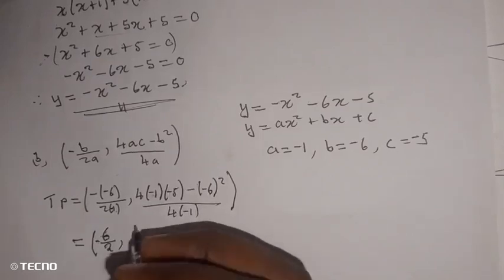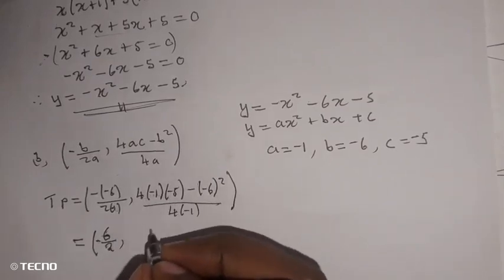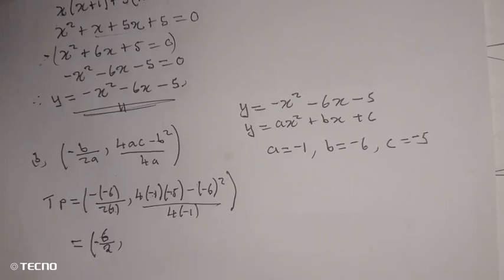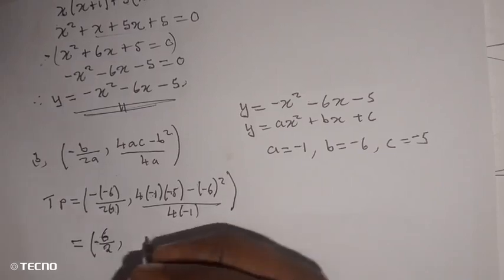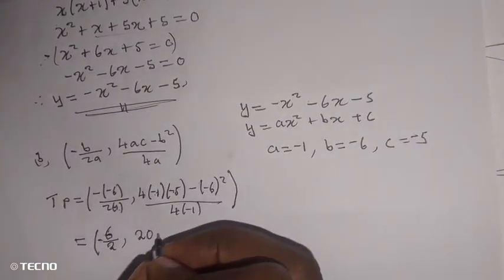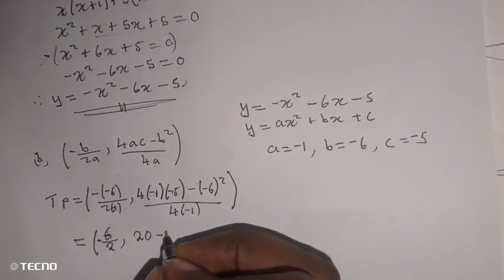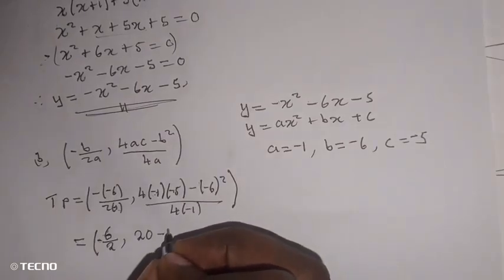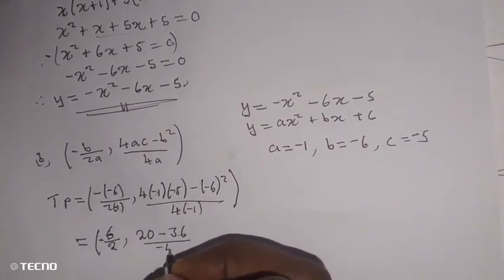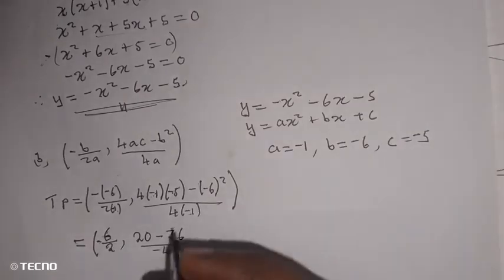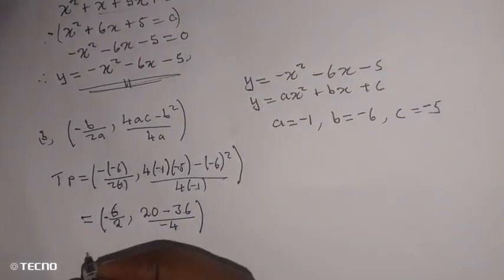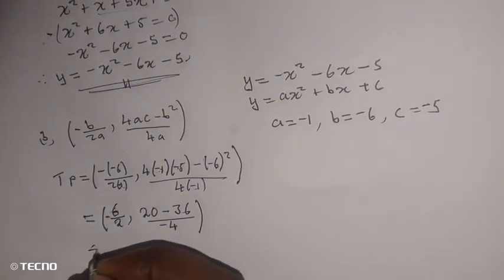Negative times negative is positive, so there we are going to have a positive 20. Here it's negative, this is positive, so we are going to have negative 36, then over negative 4. We can close bracket here again. So this one we can work out.